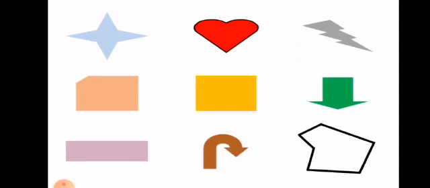So, here we used our mirror line to divide this shape or this figure. Do we have two similar sides? Very good. No. Also here, we don't have two similar sides. So, both of them are asymmetrical shapes.